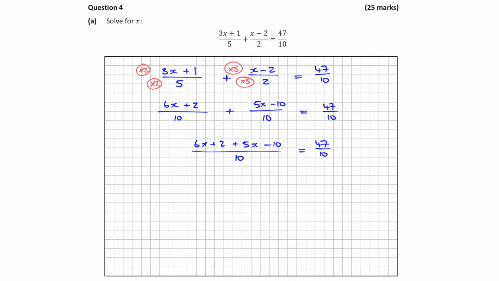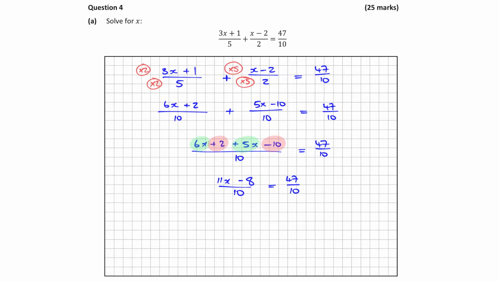So I'll tidy that up. Keep the x's together. So 6x and 5x will give me 11x. Plus 2, take away 10, leaves us with minus 8, all over 10 is equal to 47 all over 10.